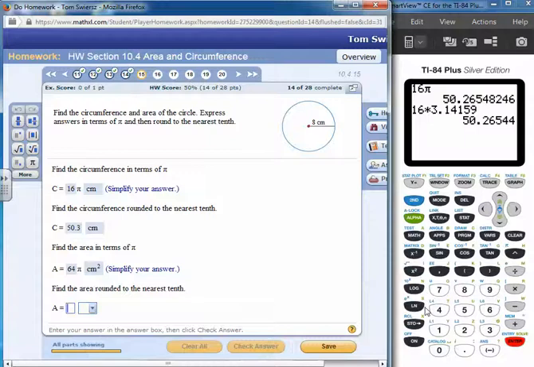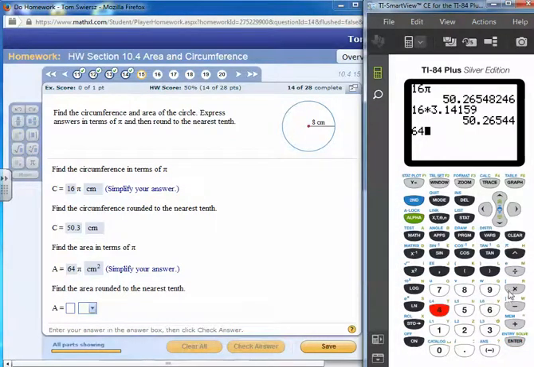And now the area rounded to the nearest tenth, so we have 64 times second exponent key, which gives you the pi, enter, and rounded to the nearest tenth, 201.06.